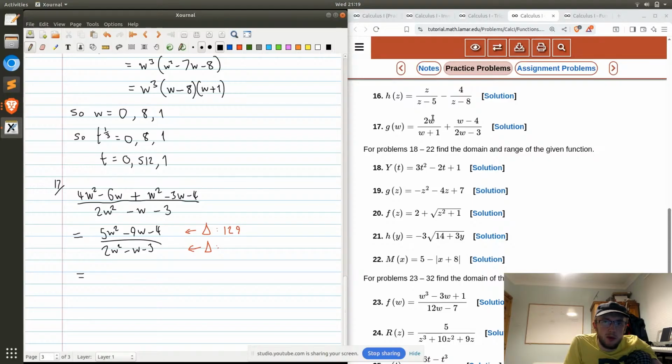Yeah, 4w squared take 6w. And then w squared take 3w take 4. And that has to be added on. So that's all good. All right, redo delta: b squared minus 4ac, so 81 minus 4 times.